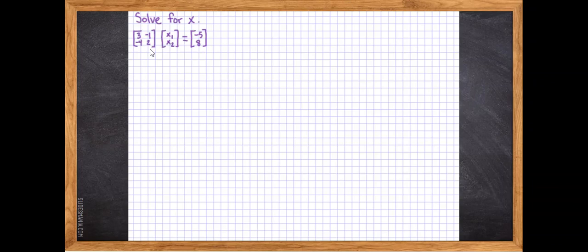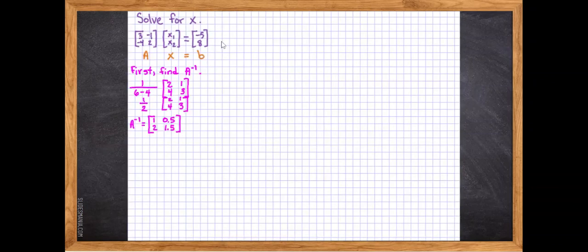So here's my matrix equation. [3, -1; -4, 2] is my matrix A, times my unknown [x1; x2] matrix is equal to my matrix B, [-5; 8]. So my first step is going to be to find the A inverse matrix.